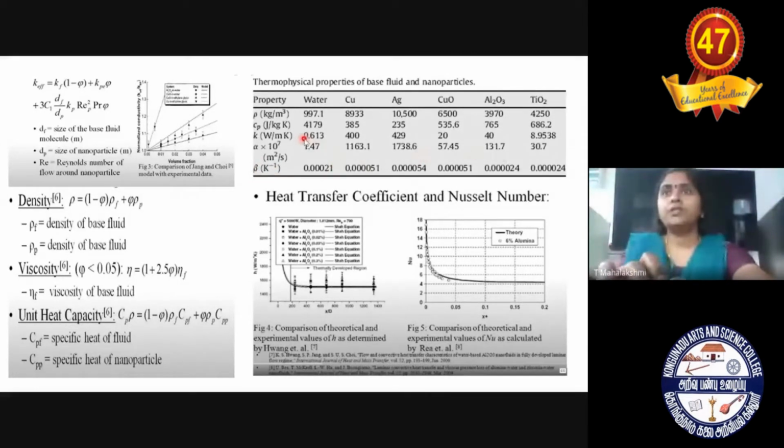From this table, we can make the substitution of all the thermophysical properties of the base fluid and the nanoparticle. We can derive the properties of the nanofluid that we consider in our particular problem.